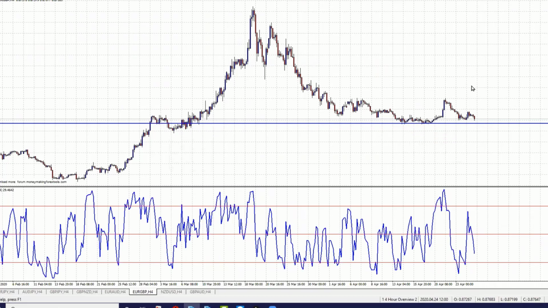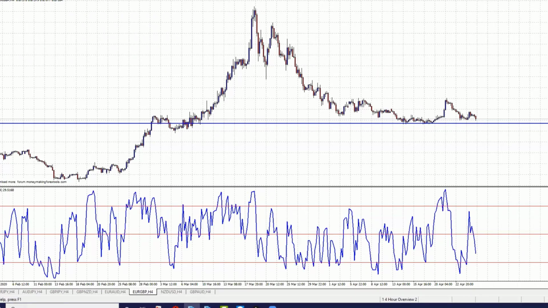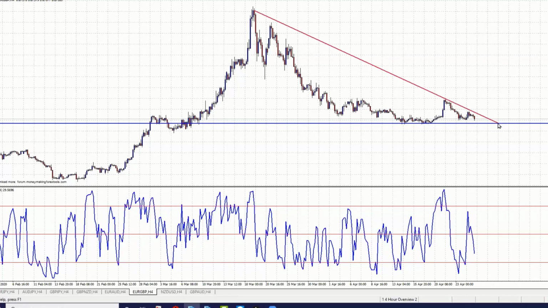So there's a big line, and then here's another line down there. And what is the RSI telling us? The RSI is actually telling us this is a buy, because look at that divergence. Huge divergence.